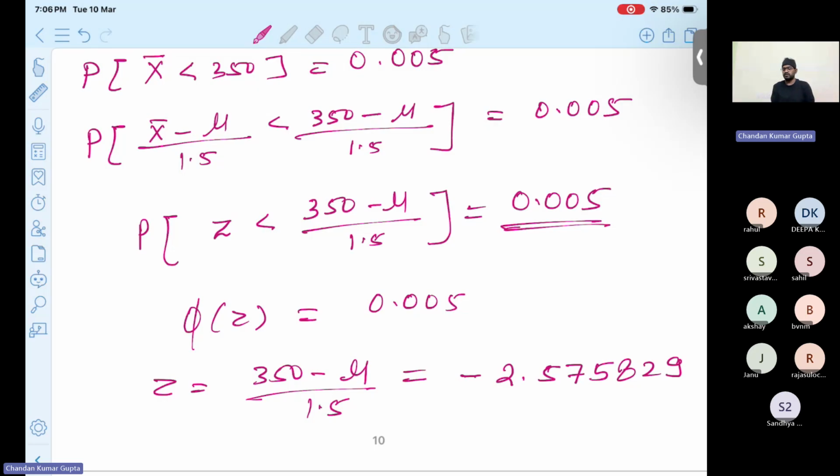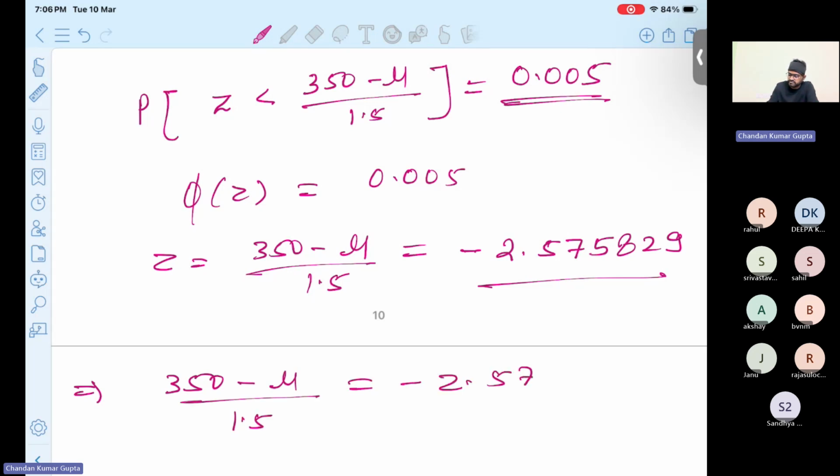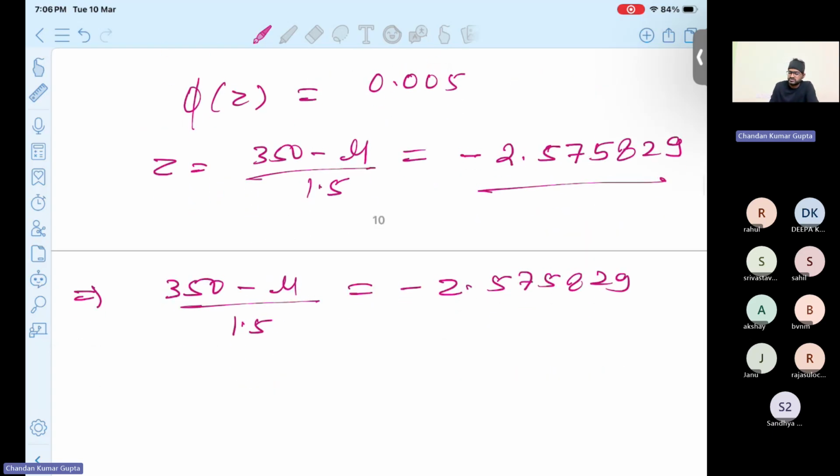You may find maybe up to 2 decimal places, 2.58, or 2.5758. So this is the case. That means this z value and 350 minus mu upon 1.5 are equal. So from there we can write 350 minus mu upon 1.5 equal to minus 2.575829.